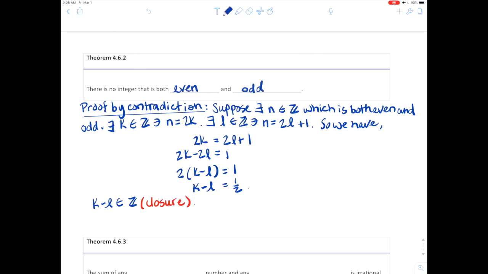So we also got that k minus l was equal to 1/2, which is not an element of the integers, which is a contradiction.